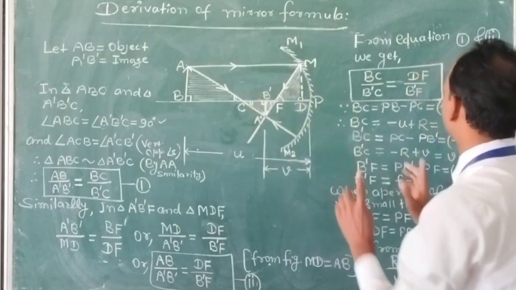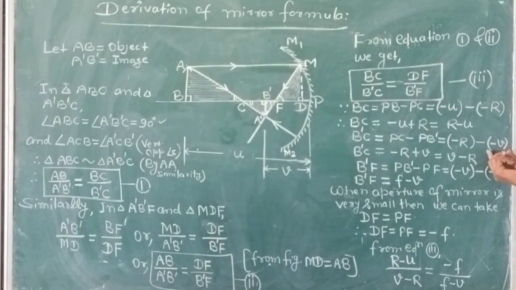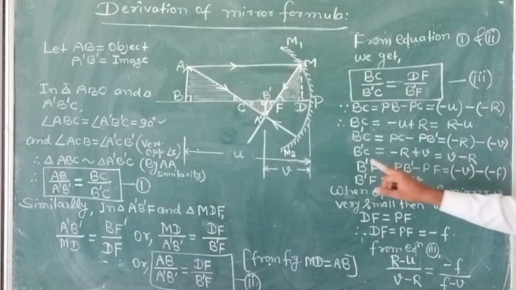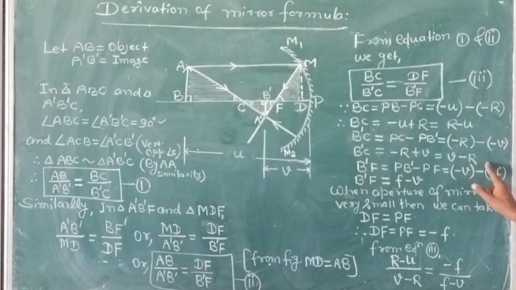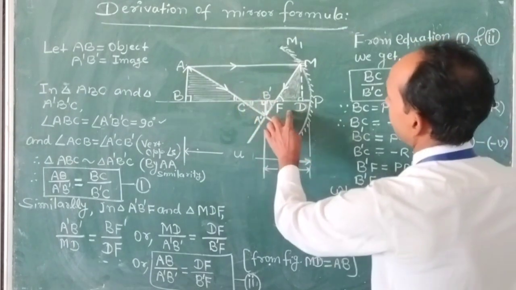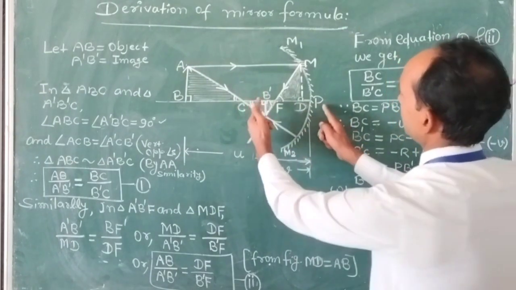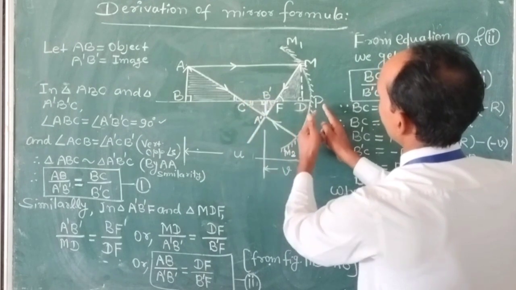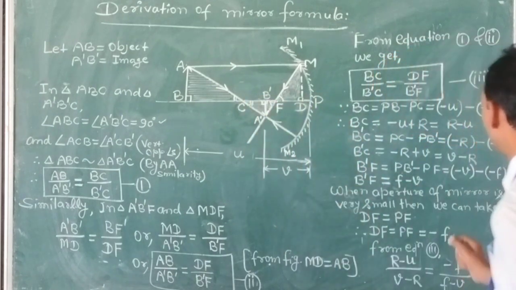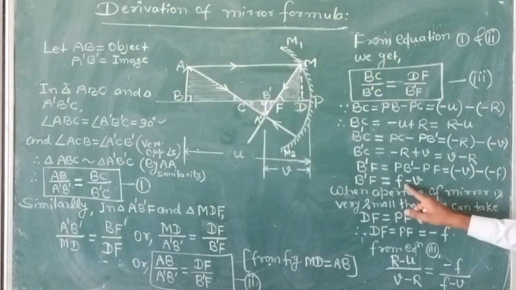PB dash is the distance of the image, so it will be written as minus v. And finally we get v minus R. So B dash C equals v minus R. Similarly, B dash F can be written as PB dash minus PF, and this will equal F minus v.